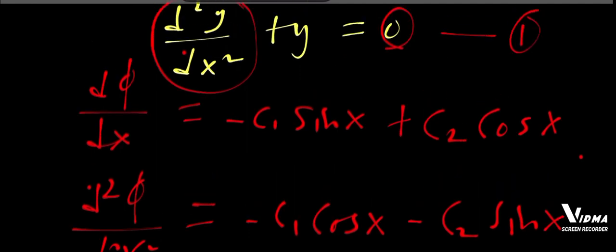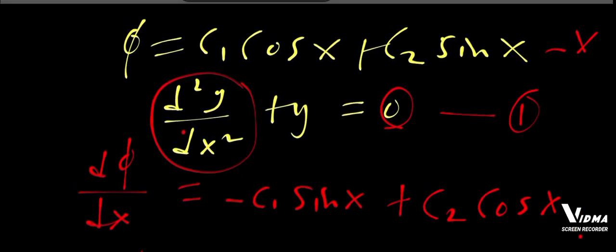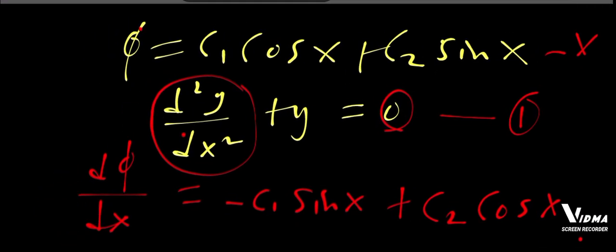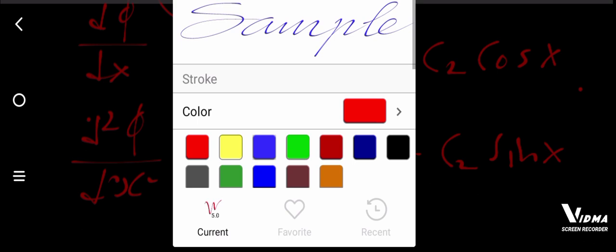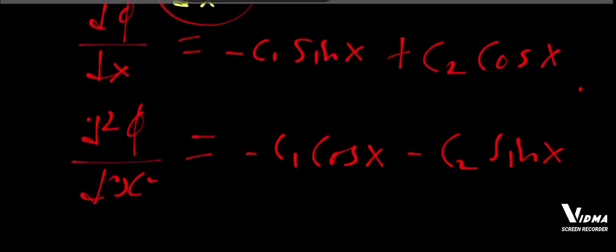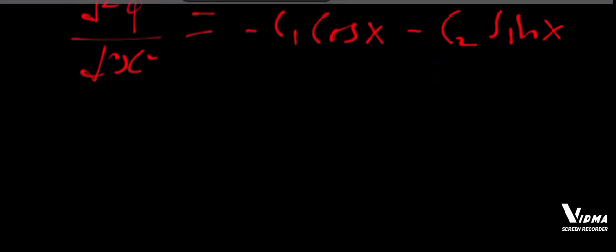So you can notice that we said phi is this. So wherever we see y, we substitute phi, and wherever we see d squared y over dx squared, we substitute d squared phi over dx squared. So in the long run, we are going to have something like this.